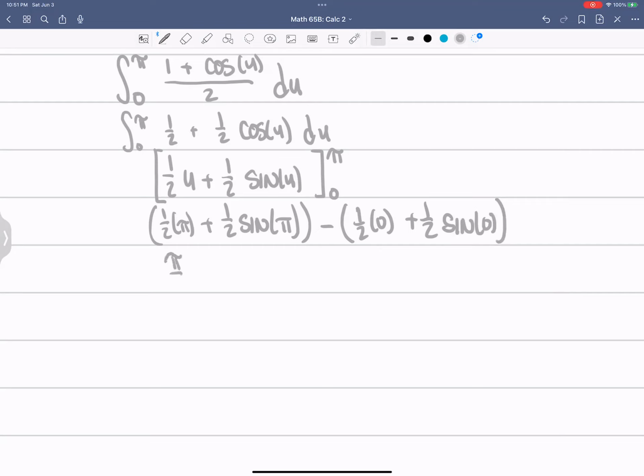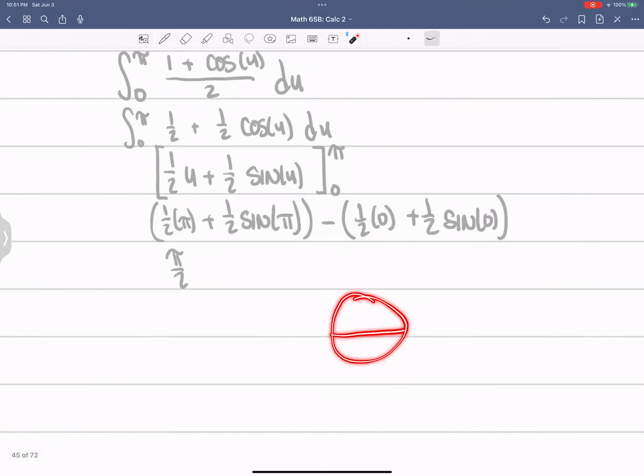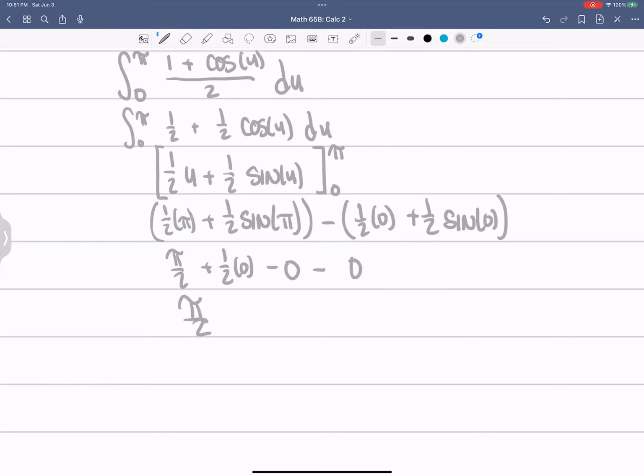Pi over 2, and sine of pi is going to be 0, so plus 1 over 2 times 0, minus 0, minus sine of 0, which is 0. So our solution is just pi over 2.